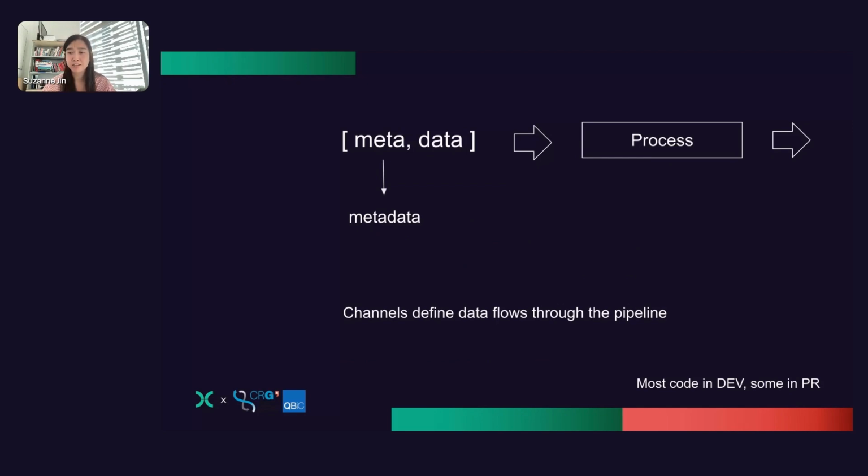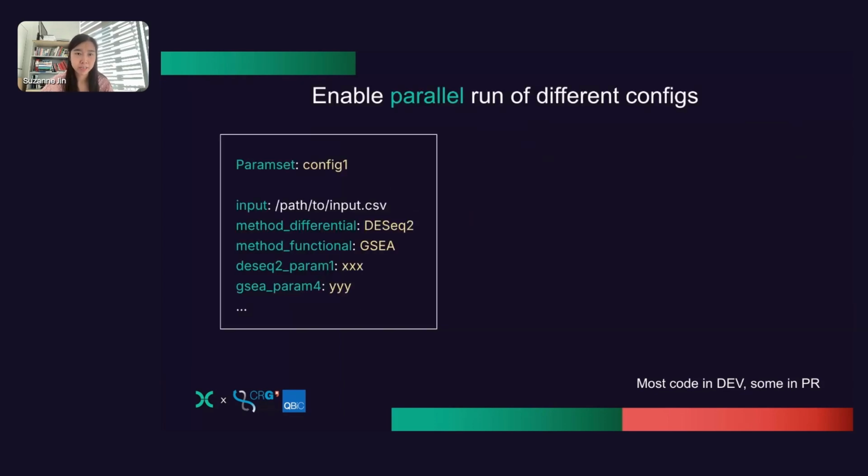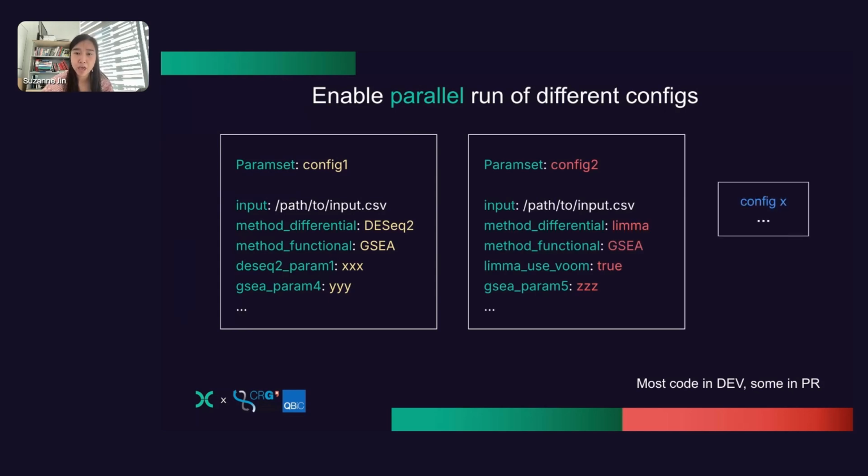Here, what we changed is that we extended this flow to not only include data, but also pipeline parameters. And in this way, the pipeline can take one set of pipeline parameters, another set, and more, and parse all this into respective channels and run all the different options of analysis in parallel.